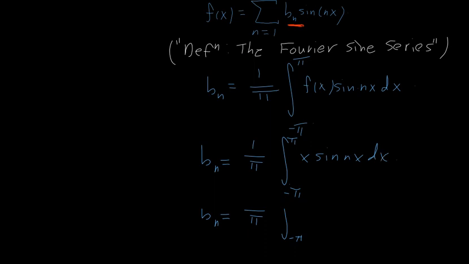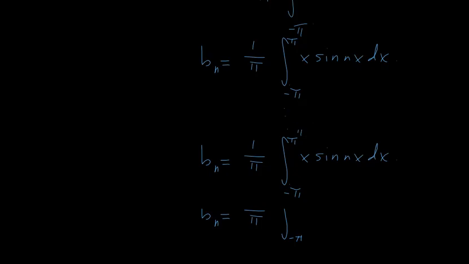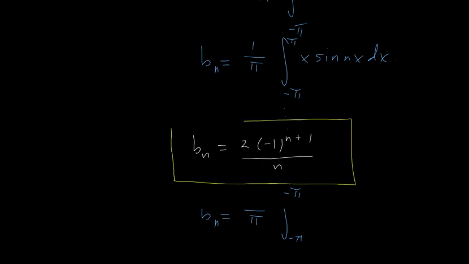And what you should get, you can verify this for your homework, is that b sub n, I've already done this. I already know what the calculation gives me. I did it on the side: 2 times negative 1 to the n plus 1 power divided by n. This is the solution to the Fourier coefficient.